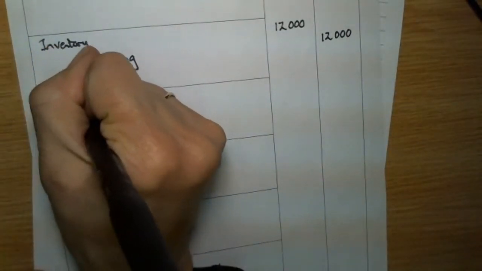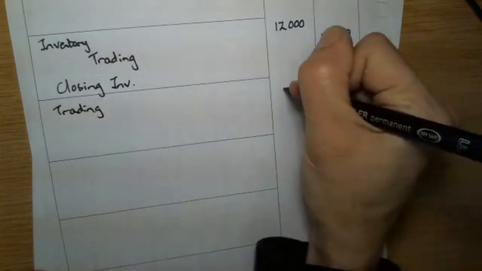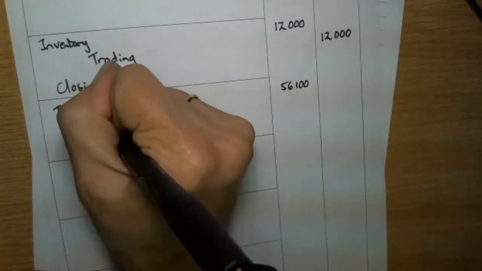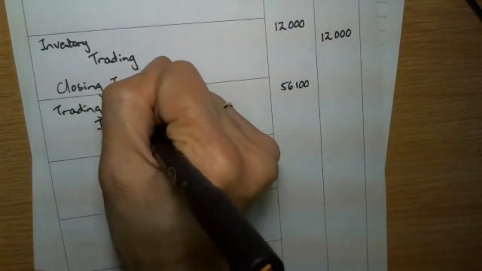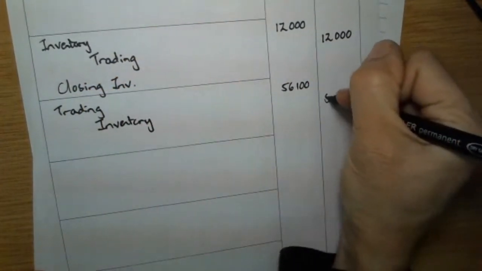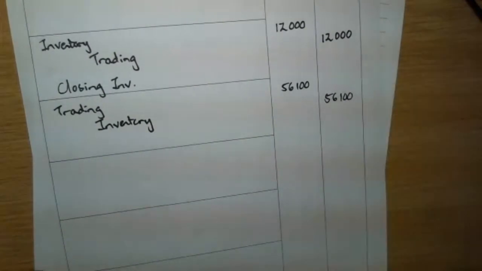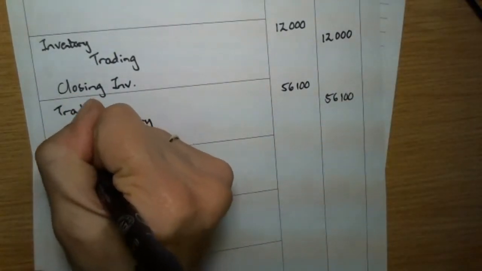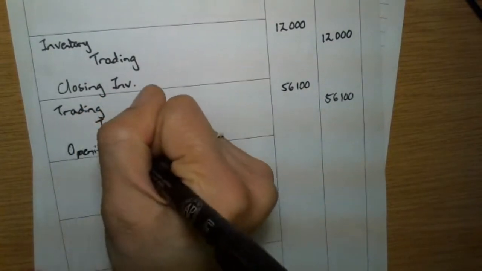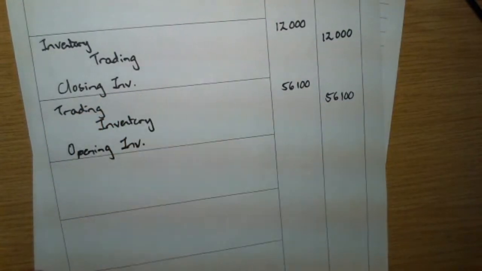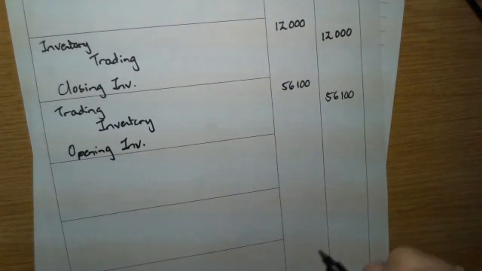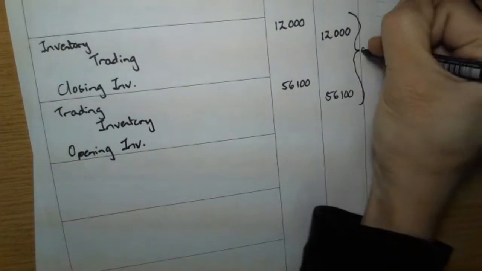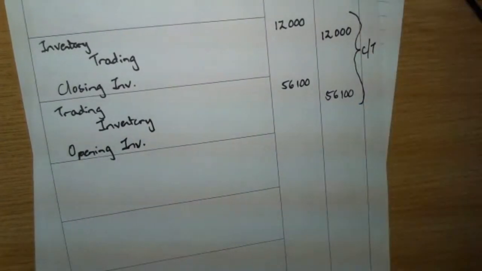The opening inventory needs to be debited to the trading account, 56,100, and I'm going to credit the inventory account because this was the balance in my inventory account, and I need to take it out of the inventory account and debit it to the trading account. So this is the opening inventory amount. Okay, so these two are also closing transfers.